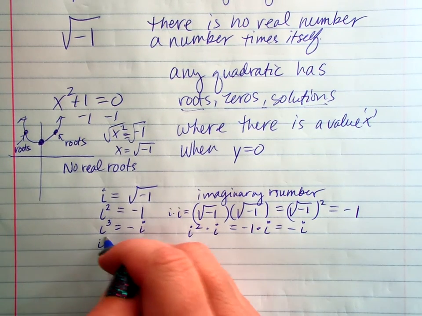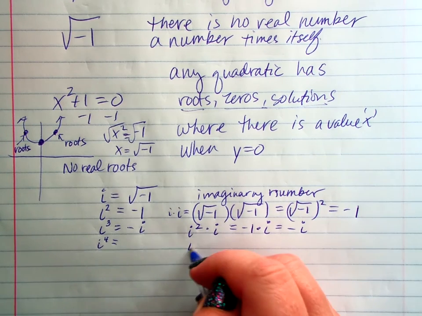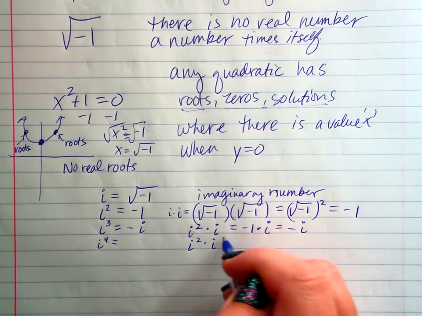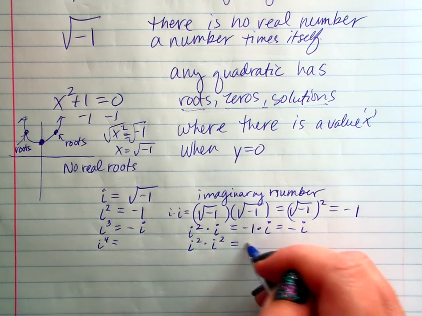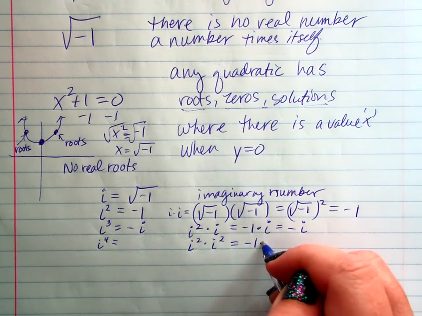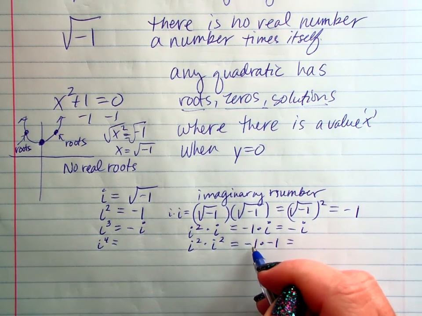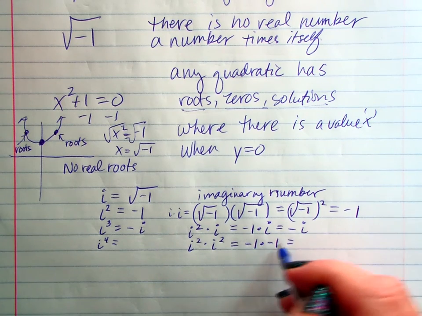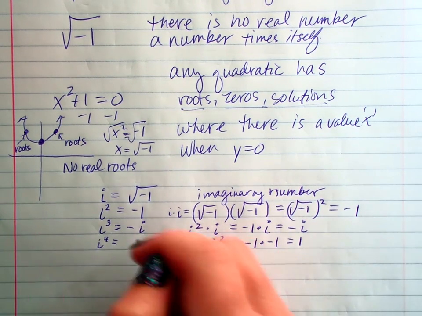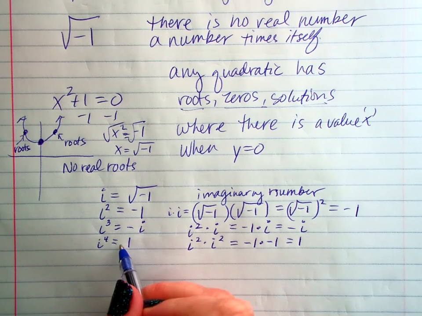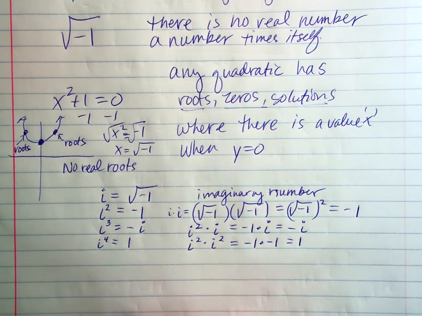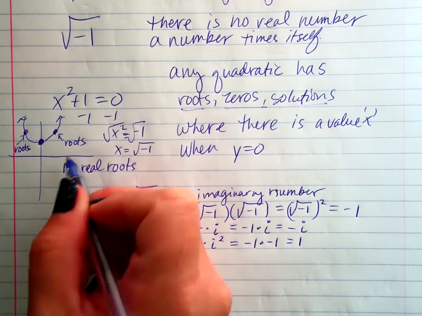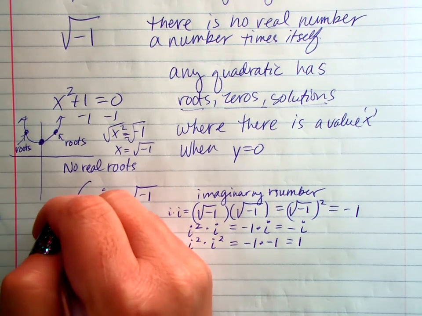What about i to the fourth? i to the fourth could be rewritten as i squared times i squared, and we know that i squared is -1 times another i squared, which is another -1. Well, what is -1 times -1? That's just +1. So i to the fourth equals +1. Well, what happens after this when we get to i to the fifth and beyond is it starts repeating again.